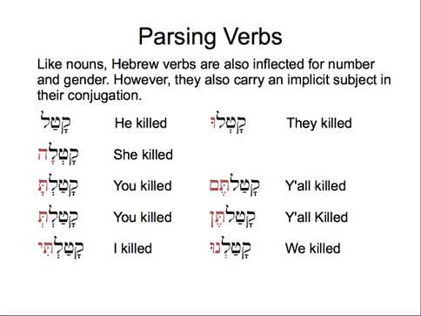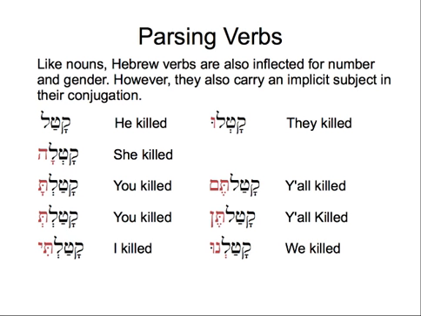When we parse verbs, we will be giving the number and gender of them, just like we did in nouns, but at this point we're actually adding on person as well, and so we're adding first, second, and third person. Because of this conjugation system, there's an implicit subject in these conjugations, and so katal, in and of itself, is actually a complete Hebrew sentence.